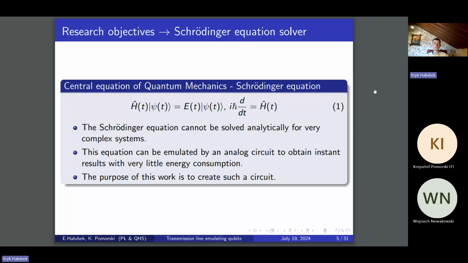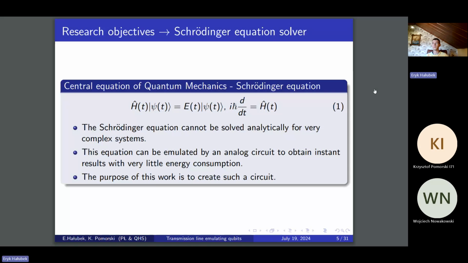We all know that this equation can be solved analytically for the hydrogen atom, but for other complex systems, it's much more difficult, and we don't know how to do it analytically. So we use very complicated and technically expensive computational methods.